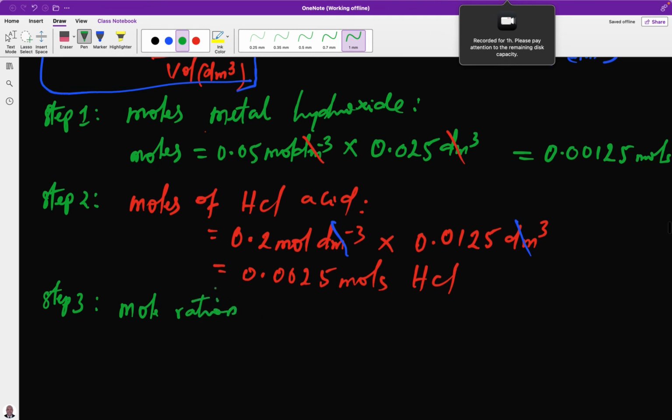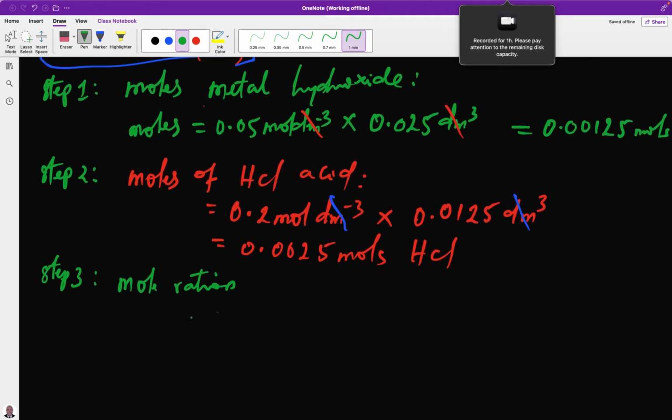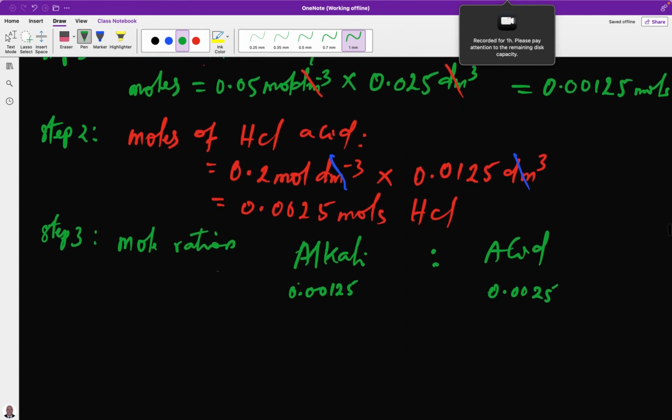The mole ratio here, metal hydroxide, that is the alkali, and the acid. The alkali was 0.00125. The acid was 0.0025. Divide by the smaller one.